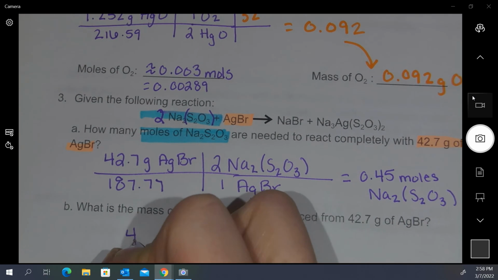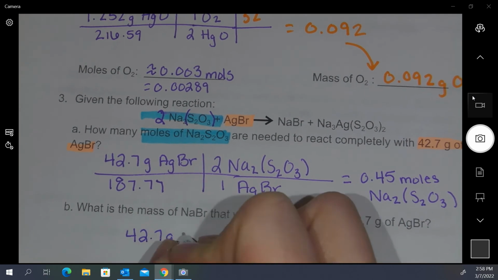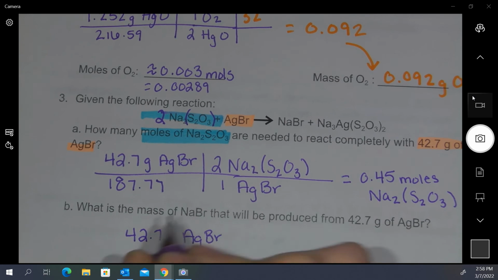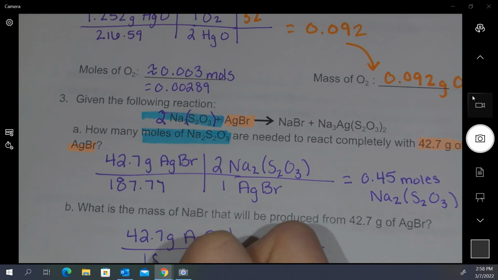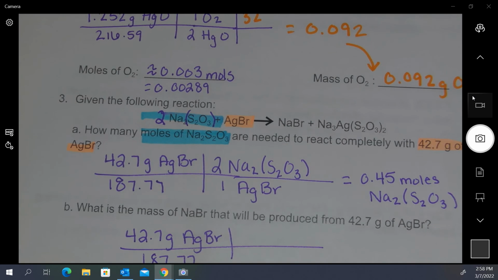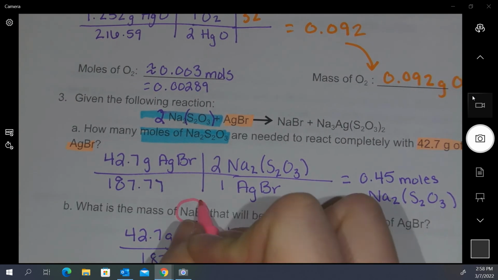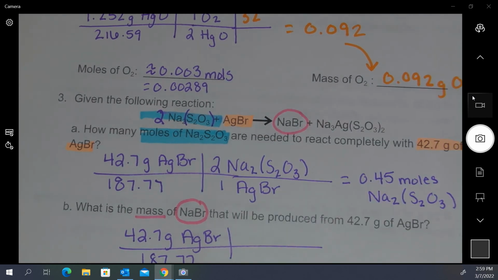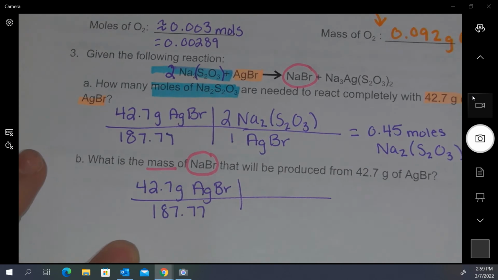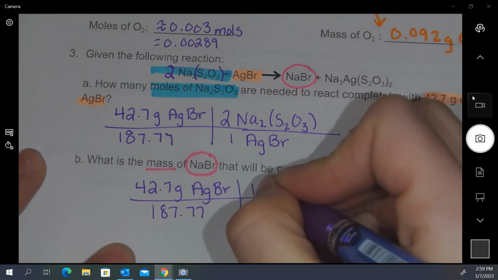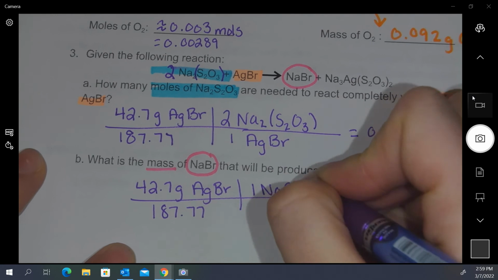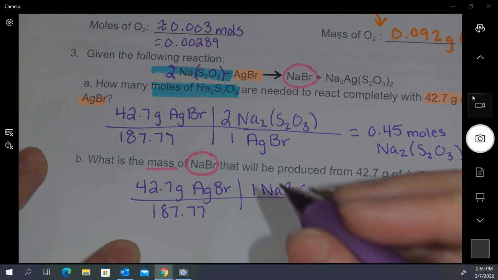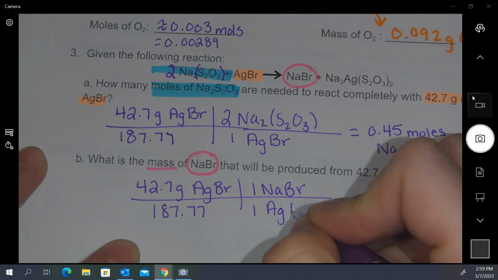We're going to take 42.7 grams of AgBr over 187.77. In this problem, we want NaBr, and it wants the mass of NaBr. What's my coefficient in front of NaBr? 1. What's my coefficient in front of AgBr? 1.